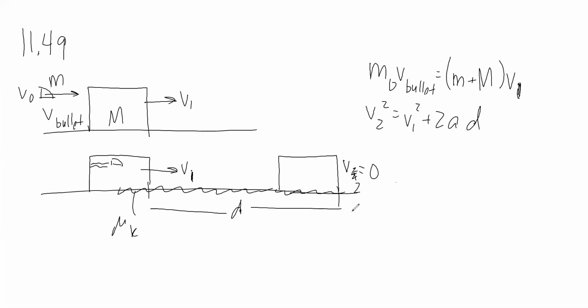And from Newton's laws, you know that the acceleration is coefficient times g. I'll just let you verify that for yourself. But you have to work backwards now. You know d, and you know that V2 is 0, so you have to find V1, and then plug that into the top part to find the initial velocity.